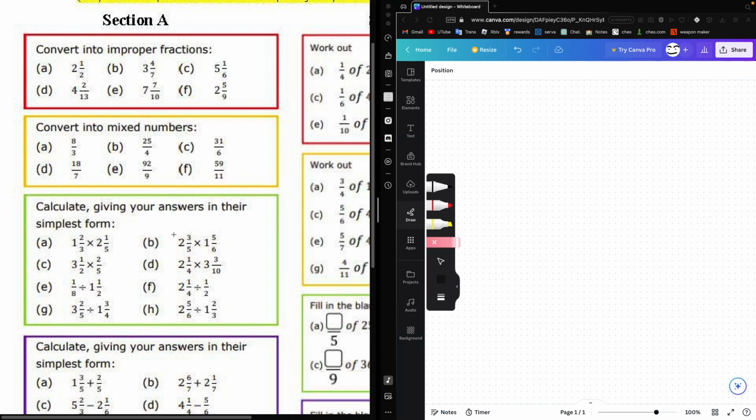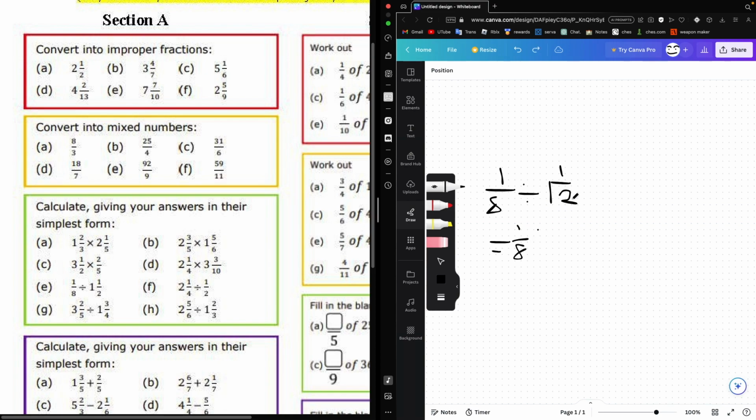So we have E. E is finding divide now, so we have 1 over 8 divided by 1 and 1 over 2. So it's the same thing, but this time with just one more step. So equal 1 over 8 divide by 1 and 1 over 2.